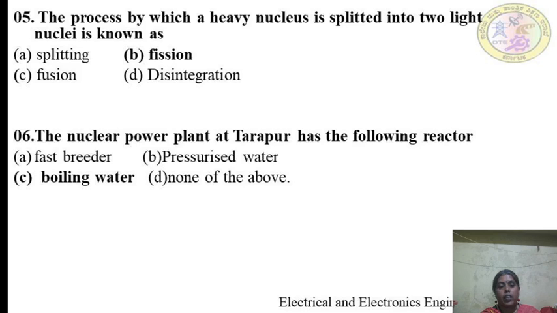So the correct answer is fission. In nuclear fission, the heavy nucleus atom is split into two light nuclei.